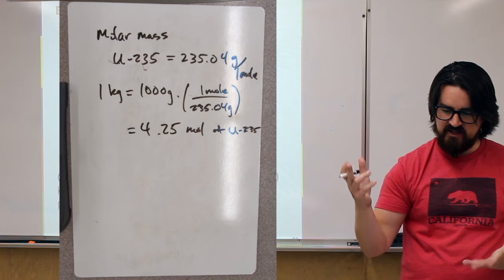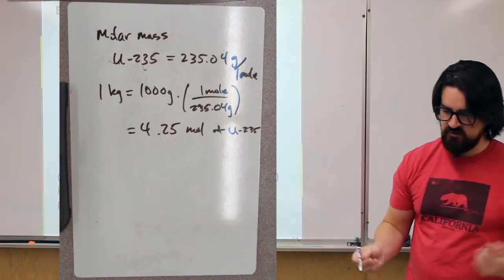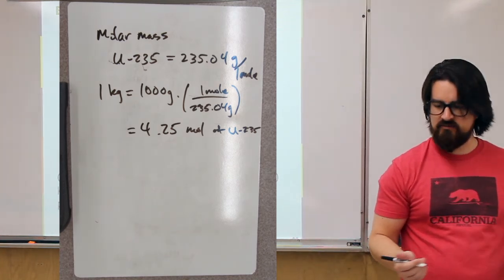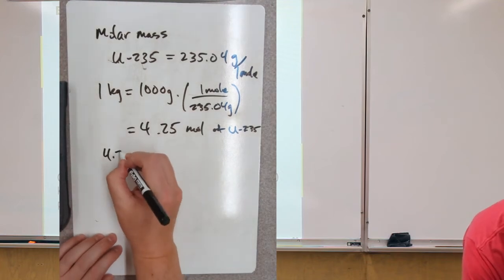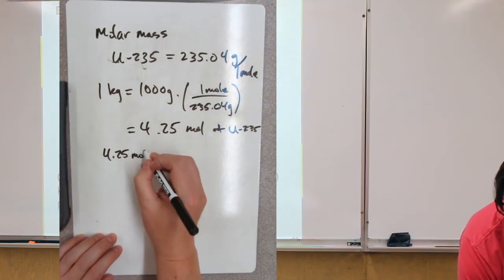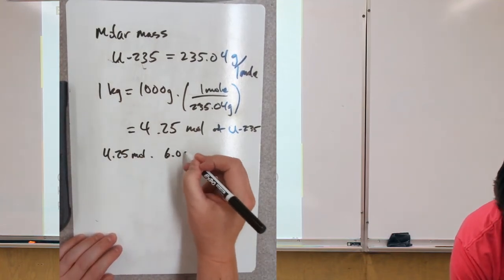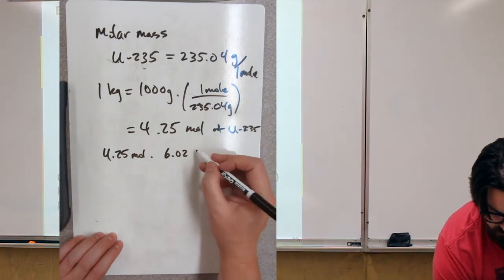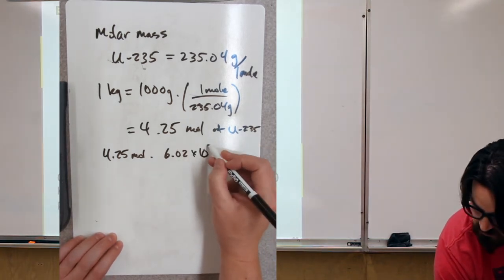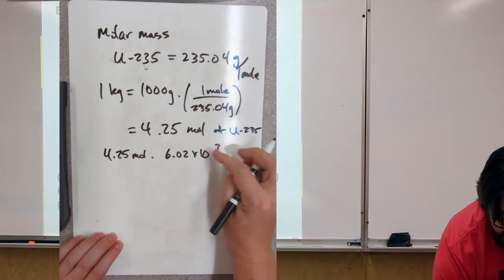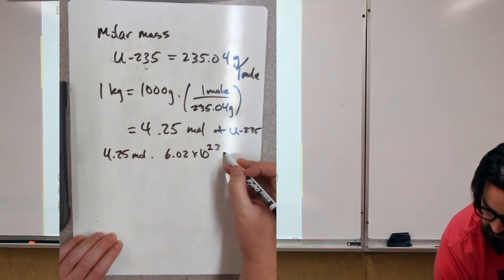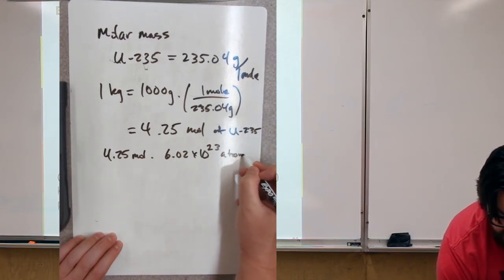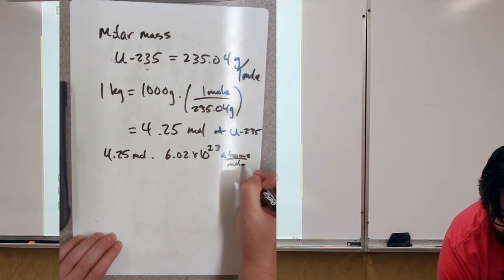So how many atoms is that? Well, in 1 mole, there's Avogadro's number of atoms. So 4.25 moles times 6.02, I think 6.022, but the book just uses 6.02, times 10 to the 23rd atoms per mole.